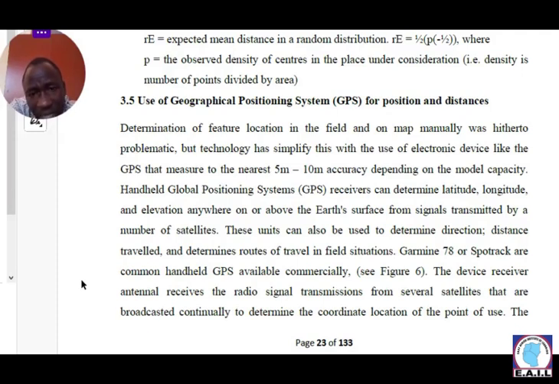They are saying that this unit can be used to determine direction, distance traveled, and determine the routes of travel in the field situation. It can actually find locations, distances, direction, and also the distance traveled.